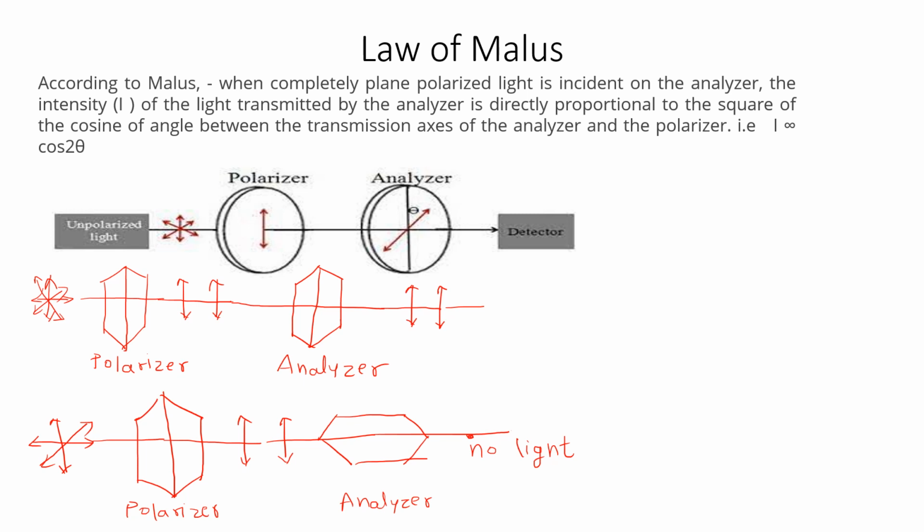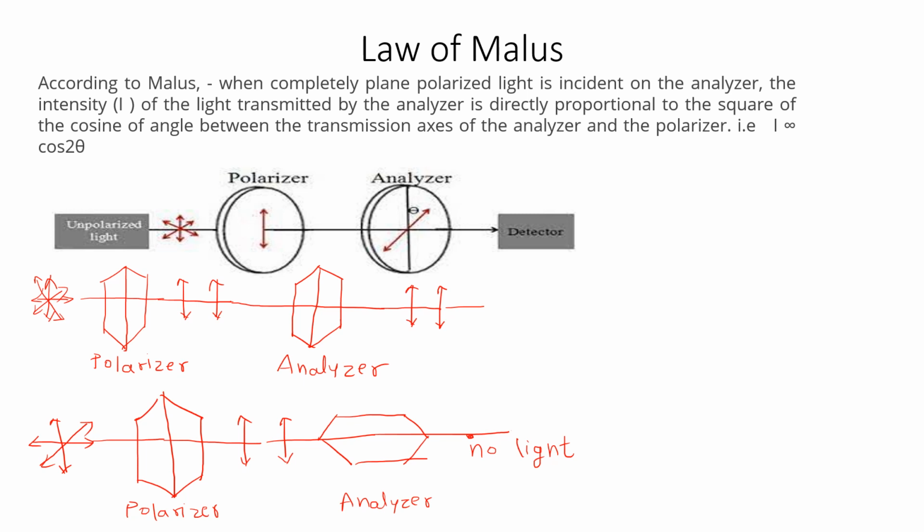So the intensity of light which is coming out of this analyzer depends upon the angle between the plane of analyzer and polarizer. Malus law talks about this. What does this law say?